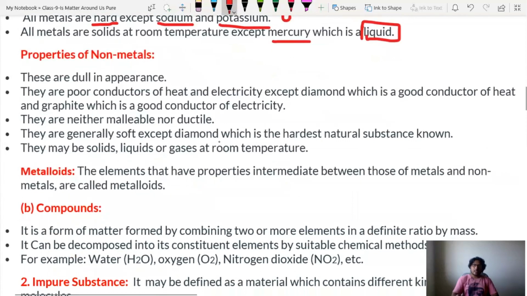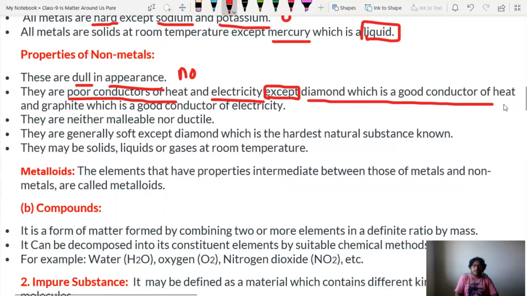Next, properties of non-metals. Those are quite opposite to metals. Non-metals will have a dull appearance. There will be no shining. Non-metals are poor conductors of heat and electricity, but there are some exceptions. Diamond, which is a good conductor of heat, and at the same time graphite, which is a good conductor of electricity.